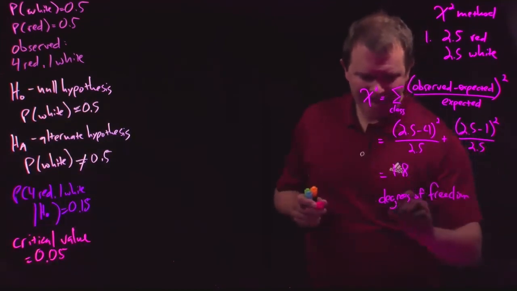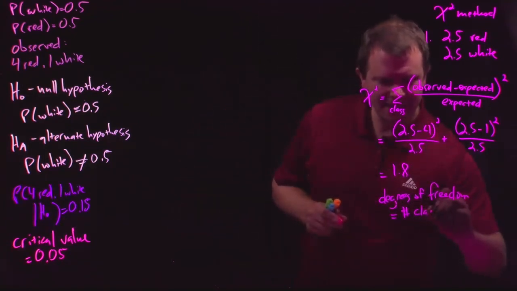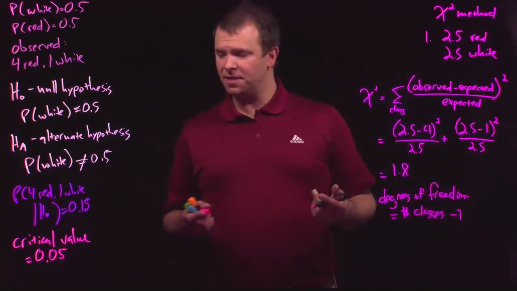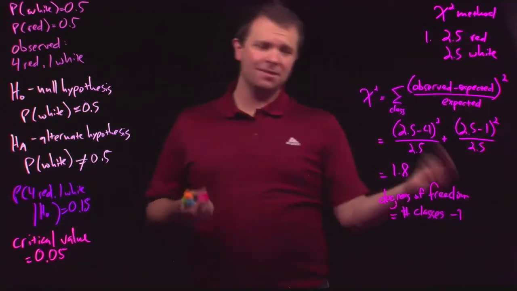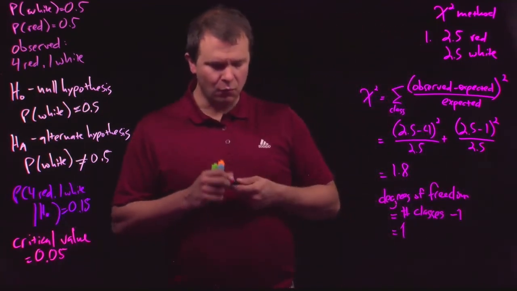And in this case, the degrees of freedom is the number of classes minus 1. In this particular instance, we had two classes, red eyes or white eyes, and so the degrees of freedom are 1.